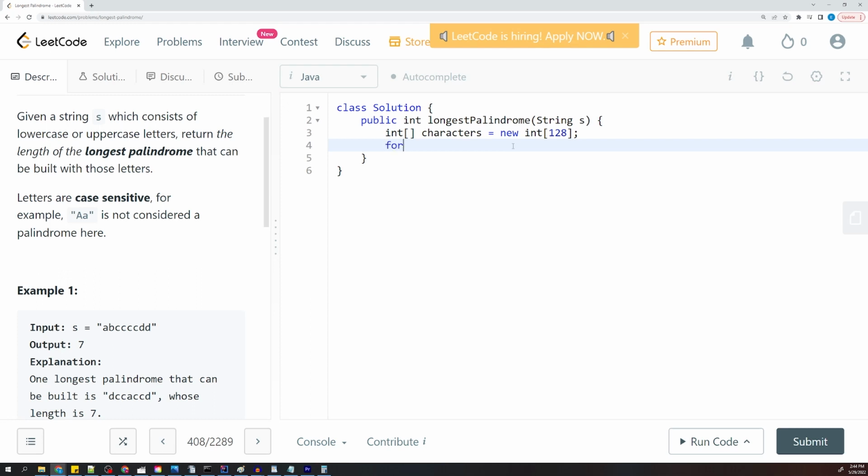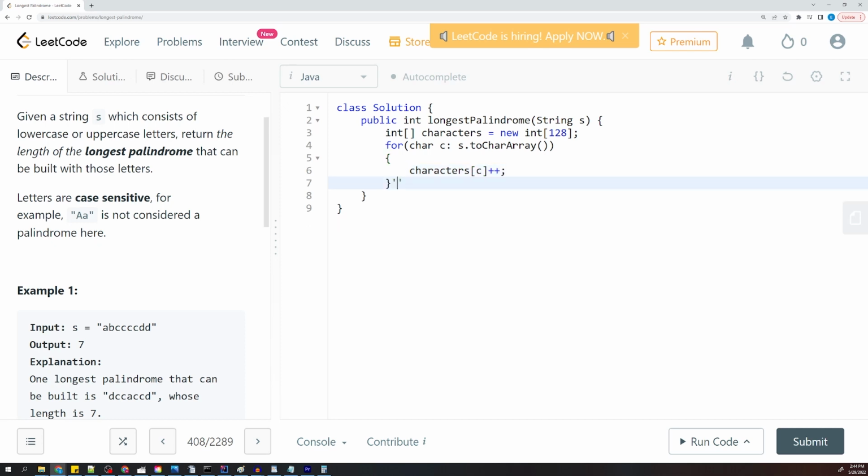Okay, so here we're just going to say for char c in s.toCharArray, characters[c]++. All right, we added it to its bucket.